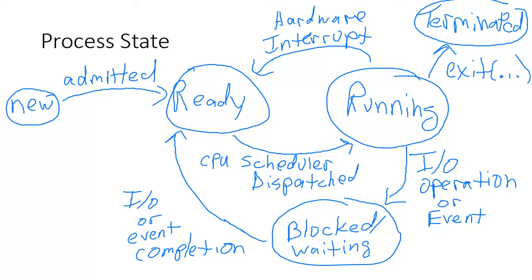So those are the states now. Asher had brought up the state suspended. There could be others, but these are the main ones. Suspended might be the only other one that you would have, and it deals with another task that an operating system might have.